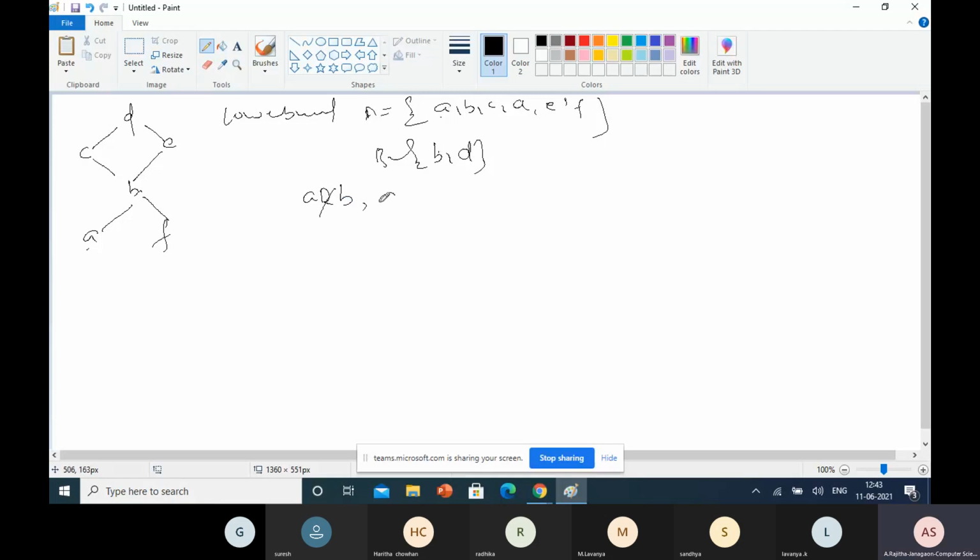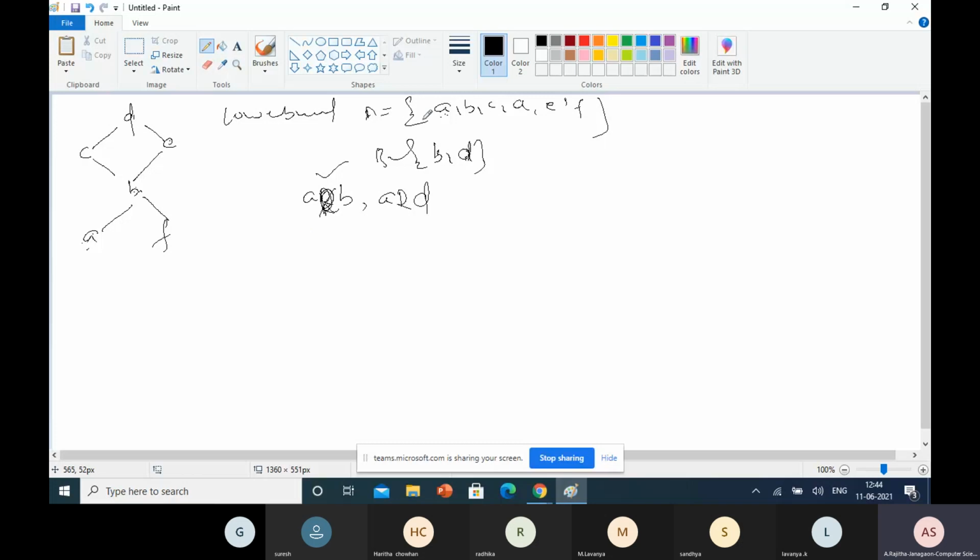A to B, there is none, and A to D, this is there. A to D means A, B, E, D, upper direction is there. And sorry, A to A relates B is also there.